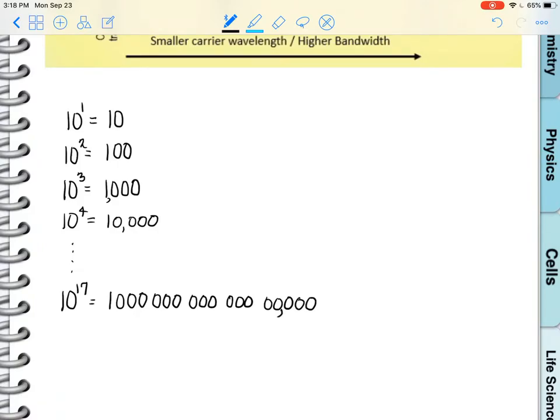Put your commas in there every 3 zeros. Mine look a little wonky because I counted them off wrong. But this is going to be, here's your units, thousands, millions, billions, trillions, quadrillion. This is 10 quadrillion.